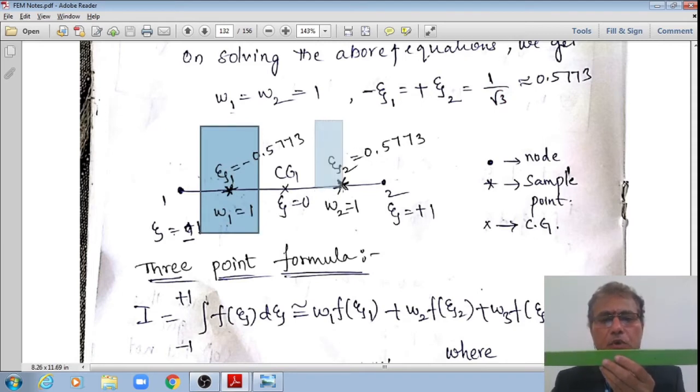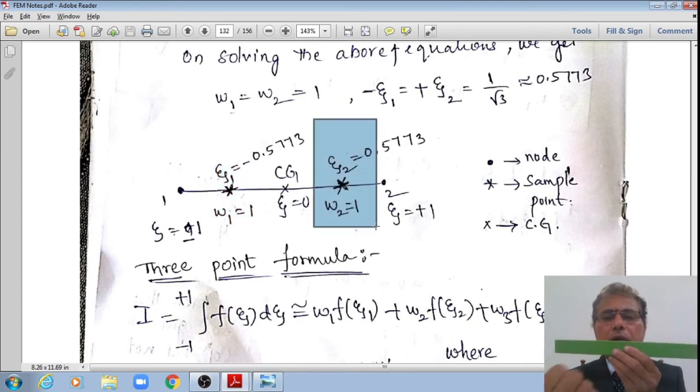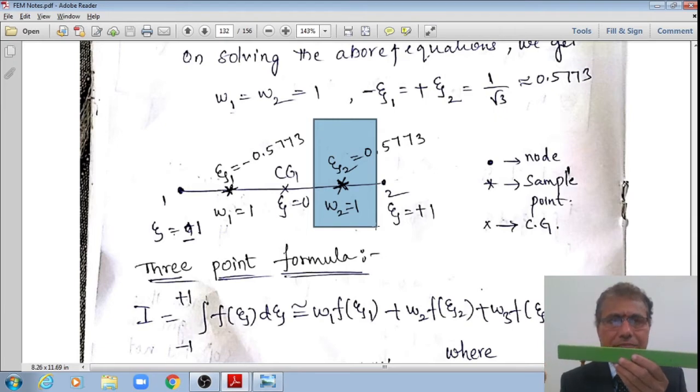Similarly, W2 is equal to 1 at the sampling point, where that position of the sampling point along the Xi axis, local Cartesian coordinate system, or Xi eta space, or Xi space here, right?